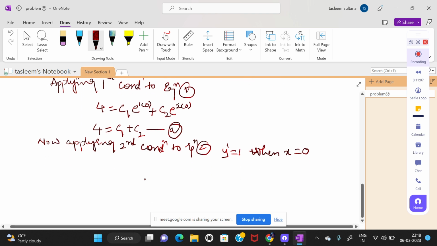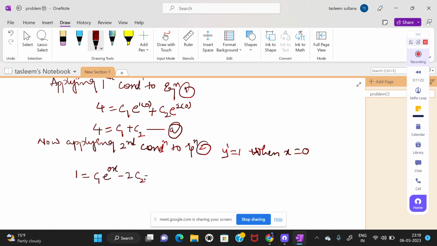So we get 1 equals C1 e to the power of 0 into x minus 2 C2 e to the power of 2 into 0 into x, that is 1 equals C1 minus 2 C2. That is equation number B.